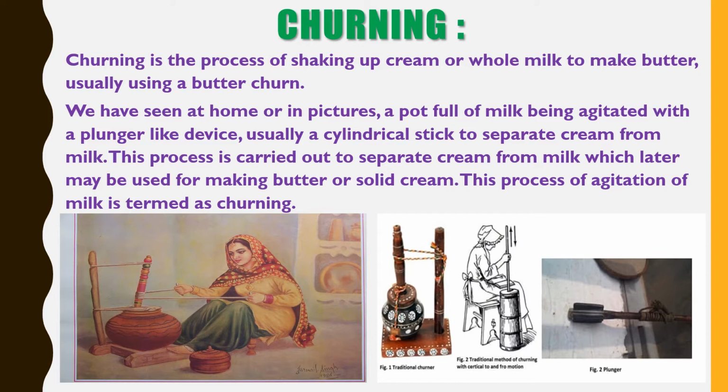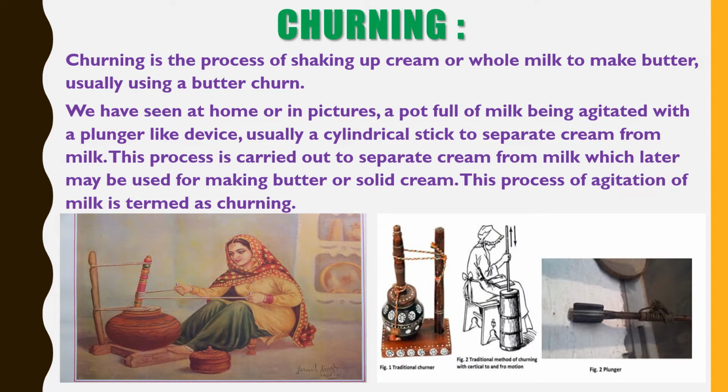You can see over here in the second diagram, the traditional churner, where a pot full of milk was fitted with a plunger which was then rotated to create agitation. But this process is not very efficient as it takes a lot of time and labor.